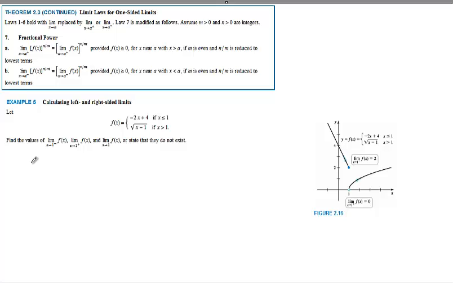We're going to extend this law 7 to include left and right hand limits. So I've got my fractional power here. Notice that what they've written is a plus sign there. Whoops, that's a really crummy arrow, sorry about that.